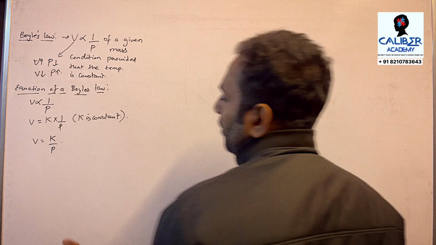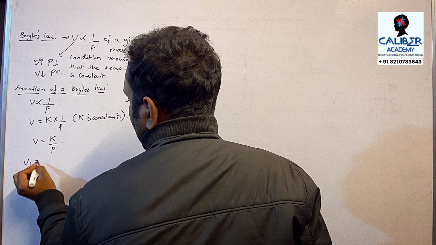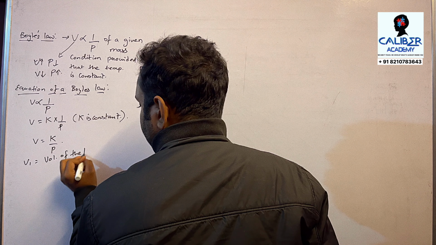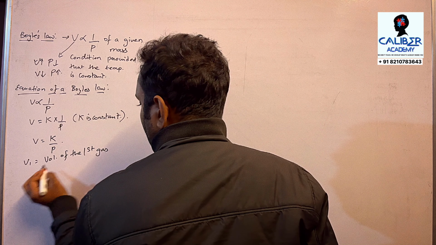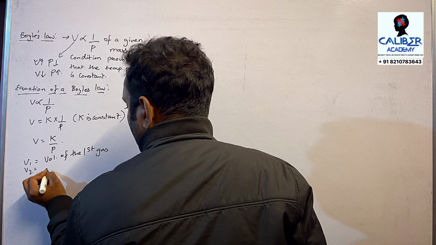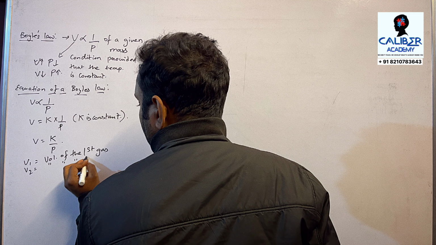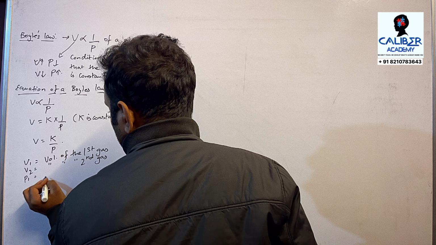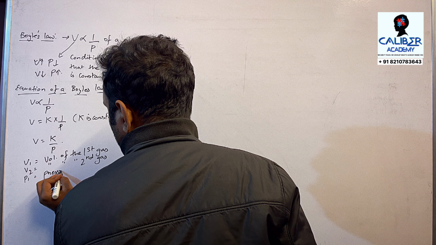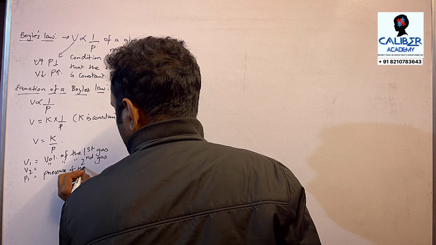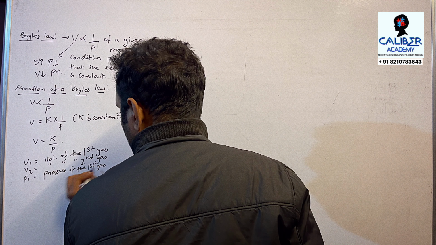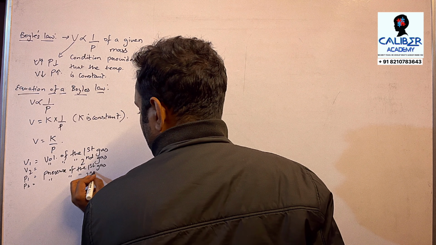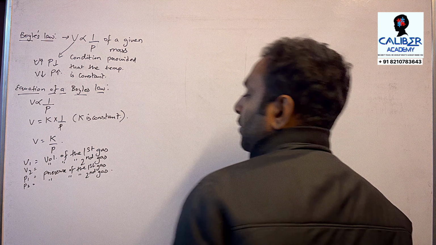Now if we take V1 as the volume of the first gas, V2 the volume of the second gas, likewise P1 the pressure of the first gas, and P2 the pressure of the second gas, right?